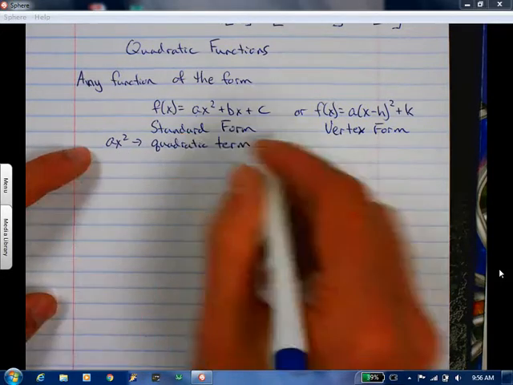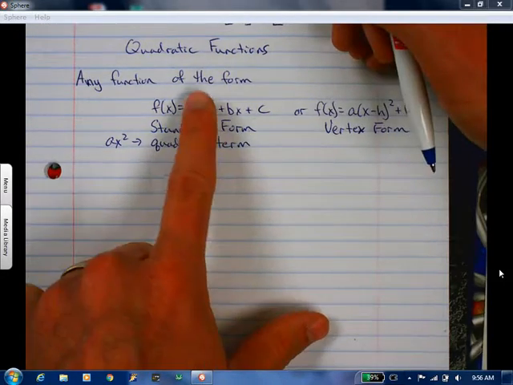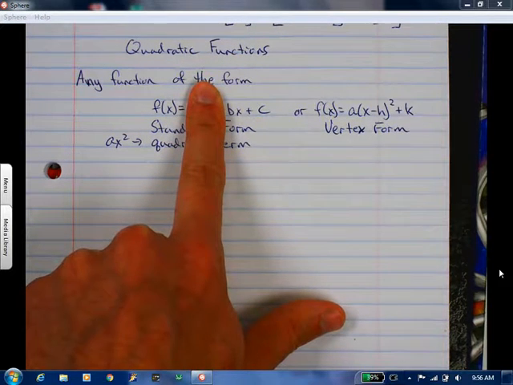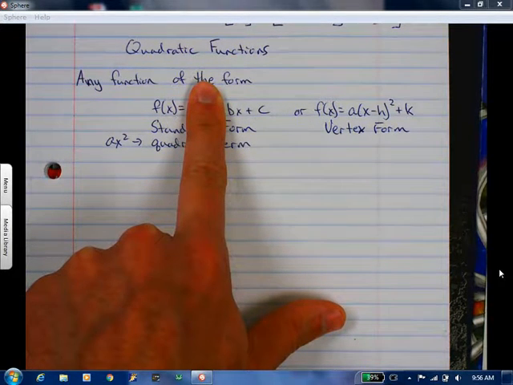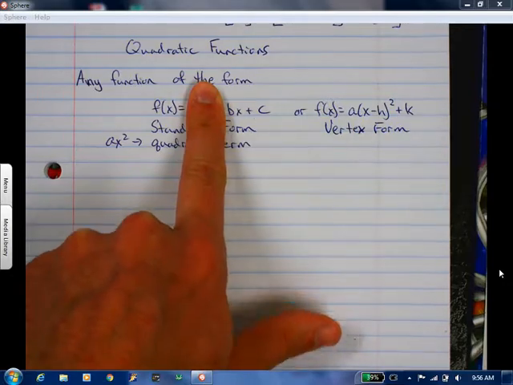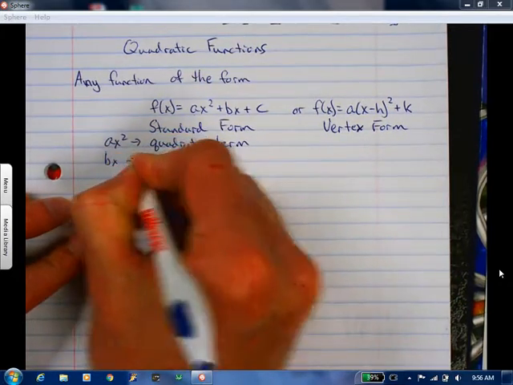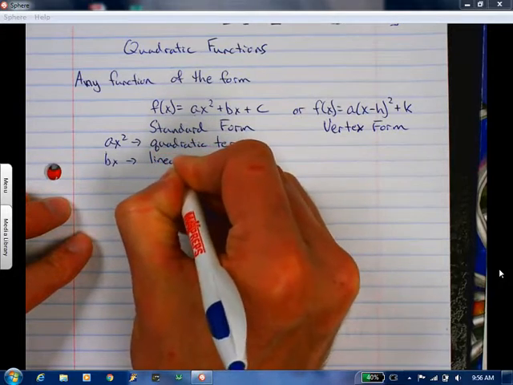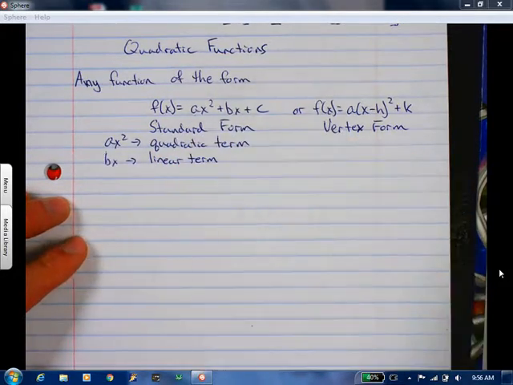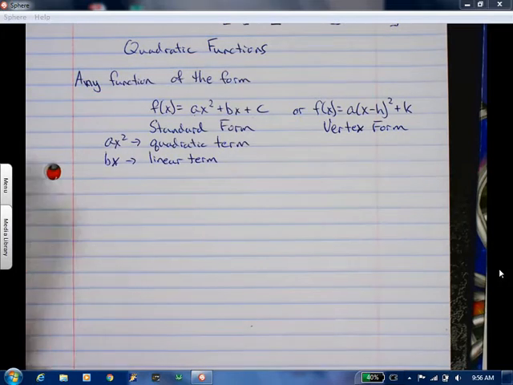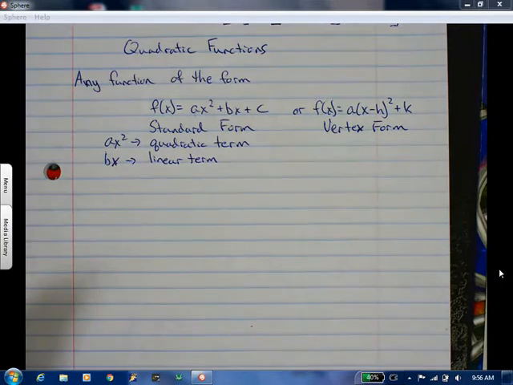If I cover up the quadratic term, I'm left with bx plus c. What kind of a graph is that? Linear. So we call the bx the linear term. So b times x is linear. And if I cover both of those up, what am I left with?